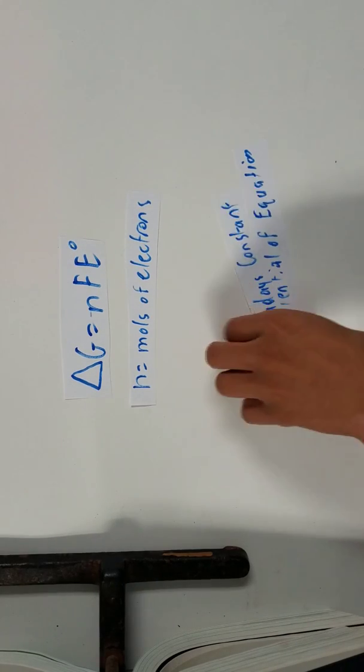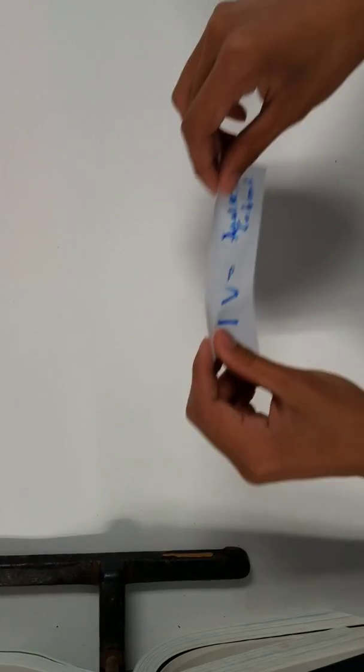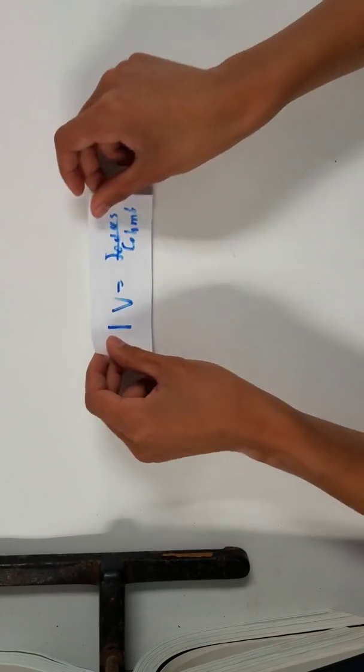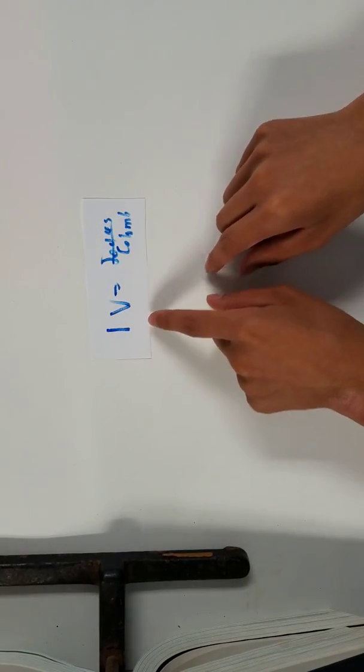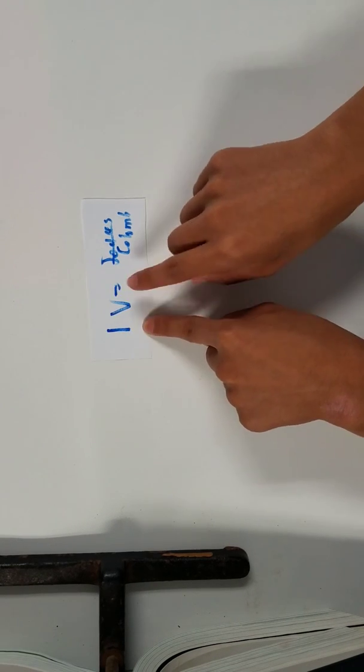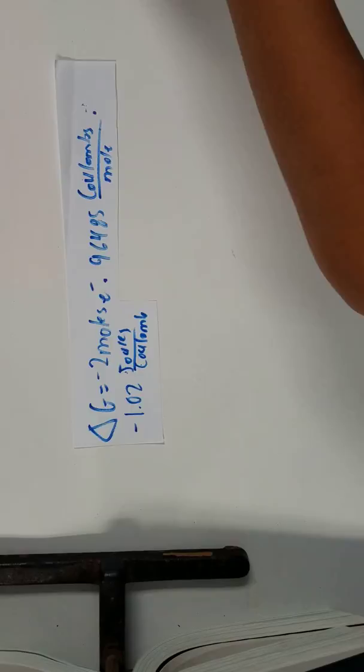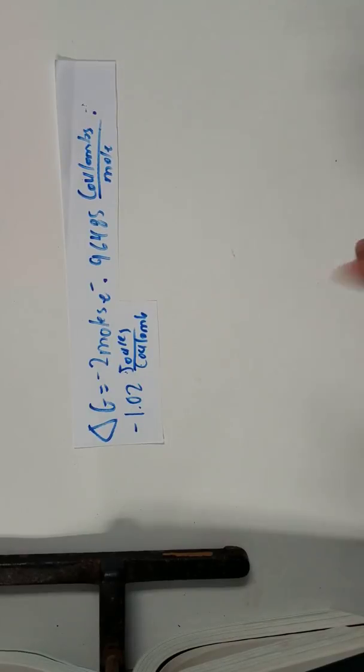The cell potential becomes the voltage you found. Because it's converted to volts, this negative 1.02 volts becomes negative 1.02 joules per coulomb. So here's the whole reaction for delta G. As you can see from the half reactions of copper and chloride, you have 2 electrons.